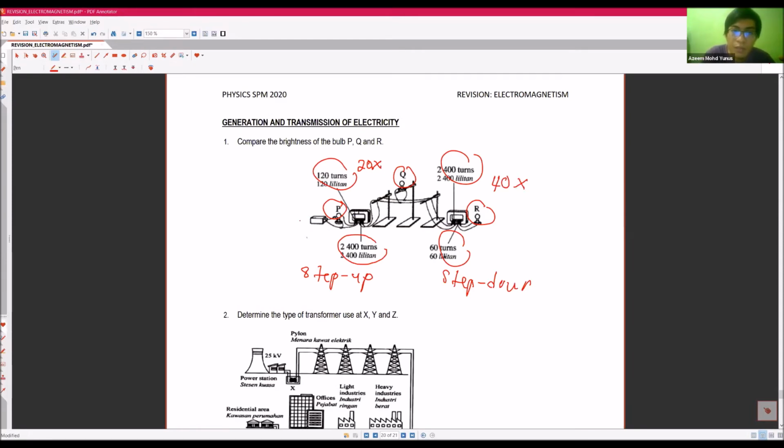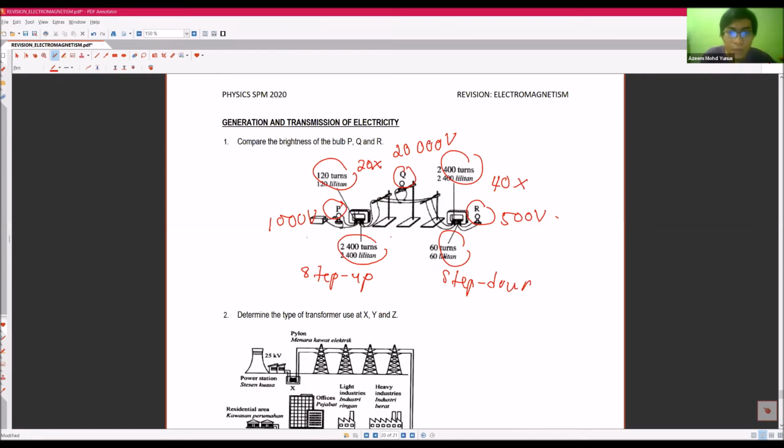So let's assume we supply 1000 volt over here. Then what happened to Q? It increased 20 times, so it becomes 20,000 volt over Q, and then 20,000 volt reduced 40 times gives 500 volt over R.